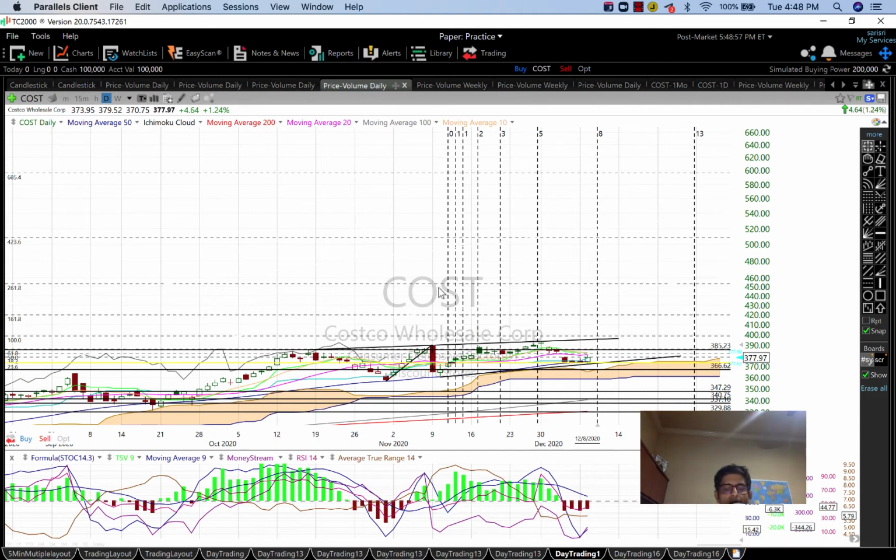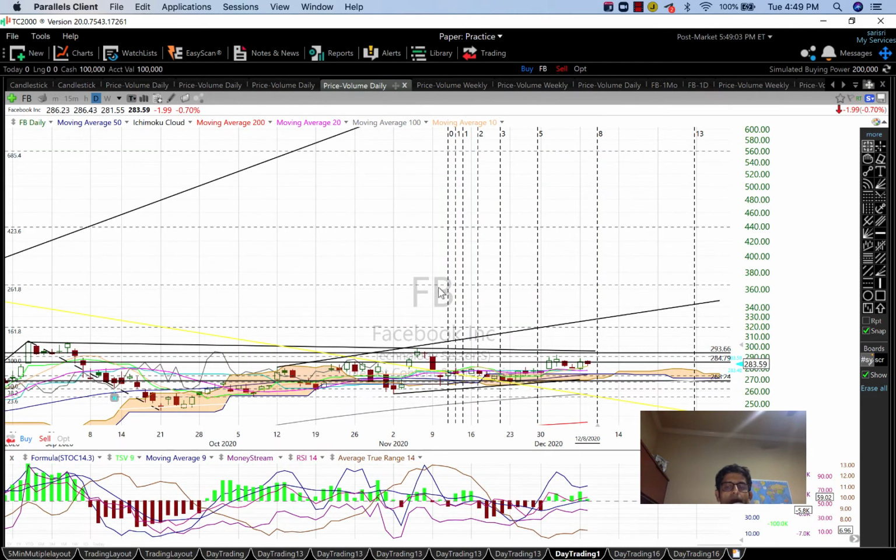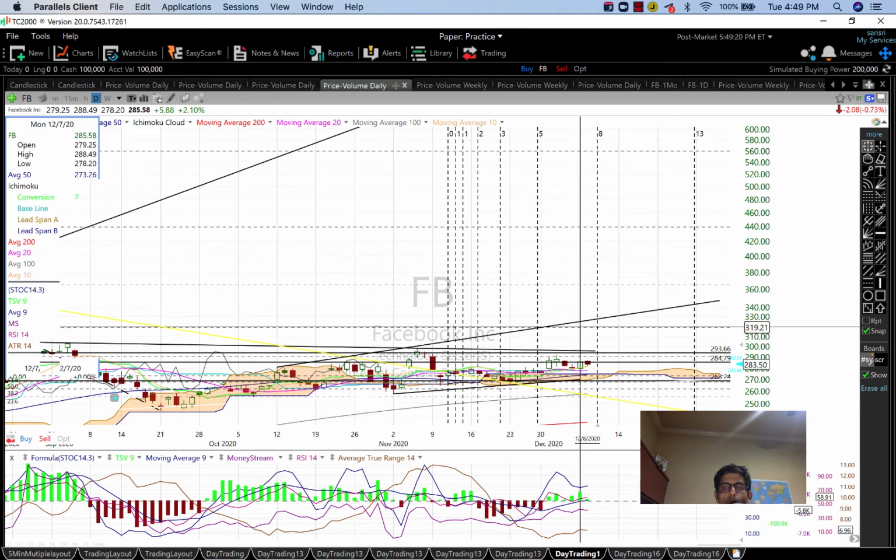The next idea which I wanted to talk about is FB, Facebook. Again, we had drawn the Fibonacci extensions. It has been going on for a long time. If you look at these extensions, it had gone up to the 100 and 161 level, the previous level below this, and it had gone down. Now it could go up to 310.